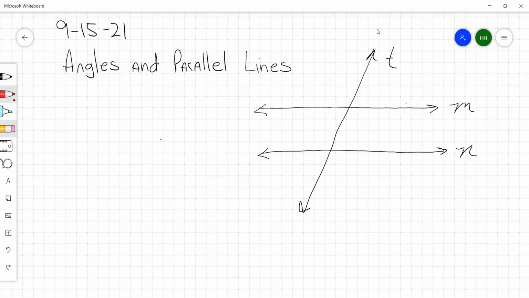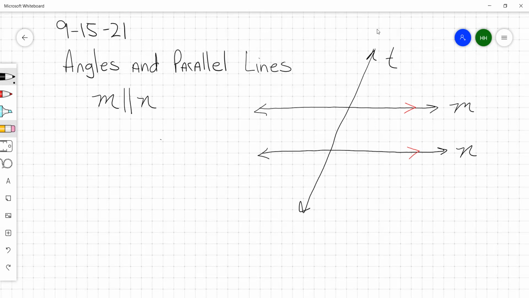If you see a red arrow on line M and a red arrow on line N, that means M is parallel to N. And when M is parallel to N and it's cut by a transversal, these 8 angles have special relationships.